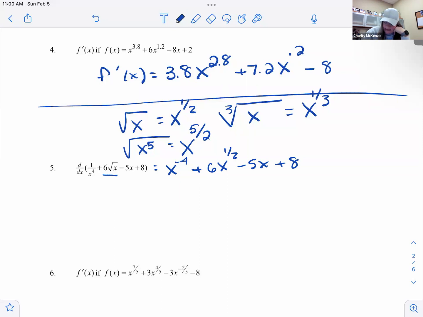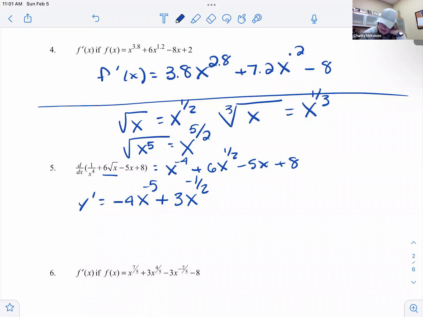Okay, so now let's take the derivative. -4 comes down out front. I minus another one from -4. It goes more into the negative, so -5. Okay, 6 times 1/2. What's 1/2 of 6? 3. So x to the 1/2 minus 1 is -1/2.